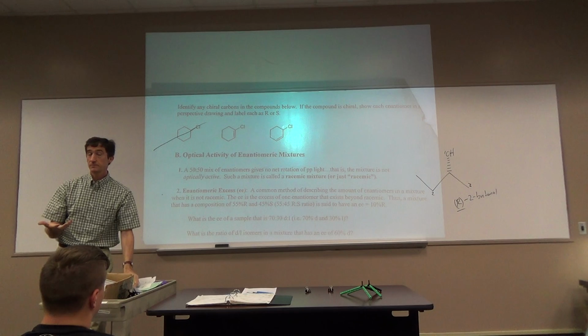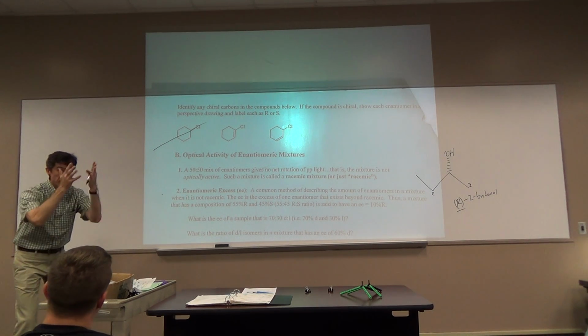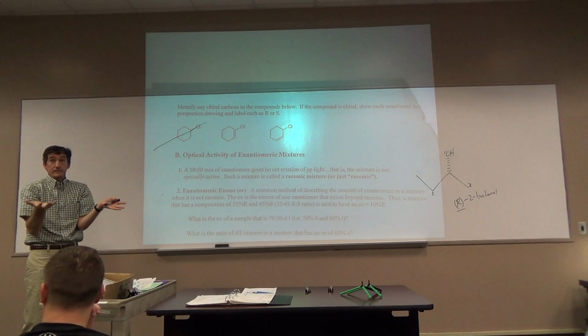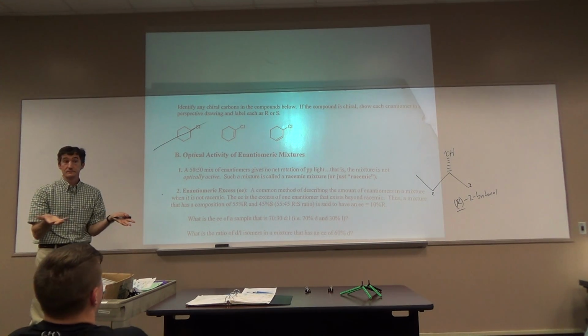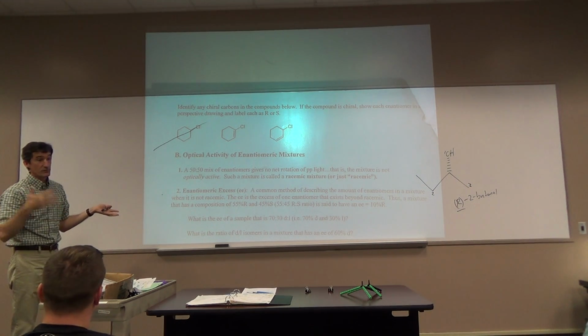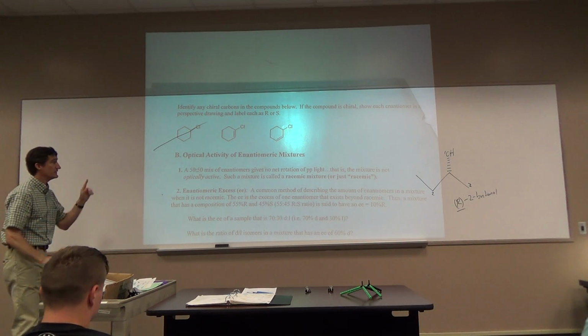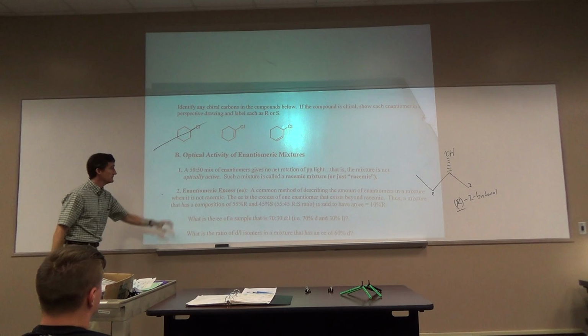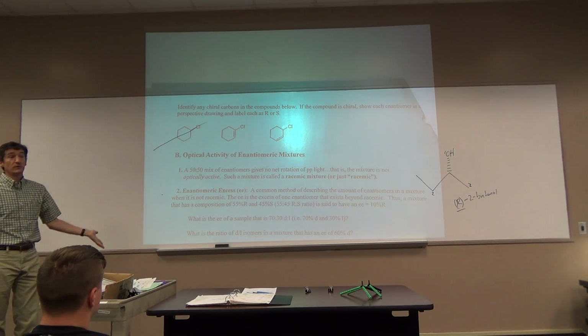Now, when you do the experiment, you just see 0, and so you're like, this mixture's not rotating. Well, it's because they're canceling each other out. A 50-50 mix gives no net rotation. It's optically inactive. So that one's easy. It's 0.